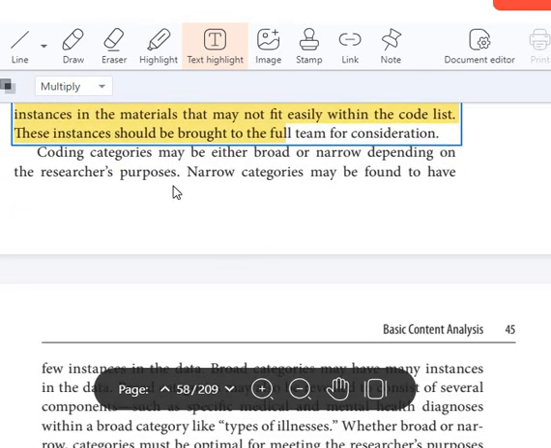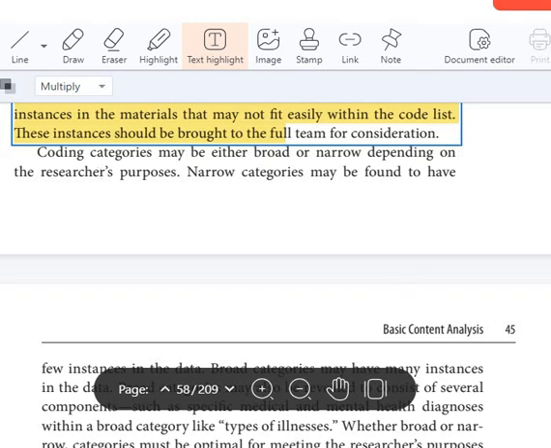Okay, what about the aims or the categories? The coding categories, which are the first main part, from which codes are derived, may be broad or narrow. How can we exactly pinpoint if they are broad or narrow? This depends on the researcher's purposes.